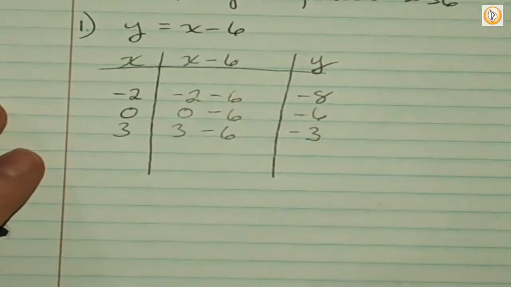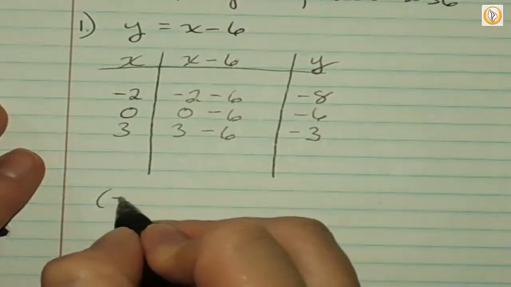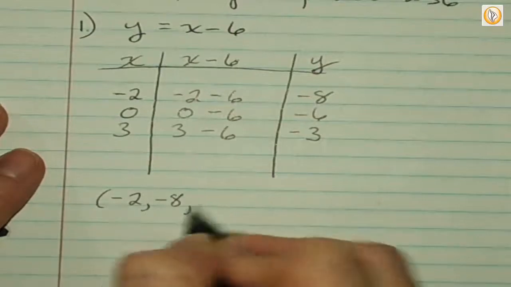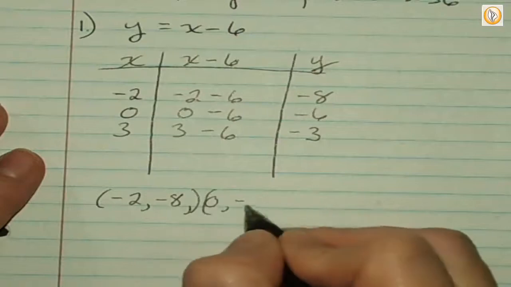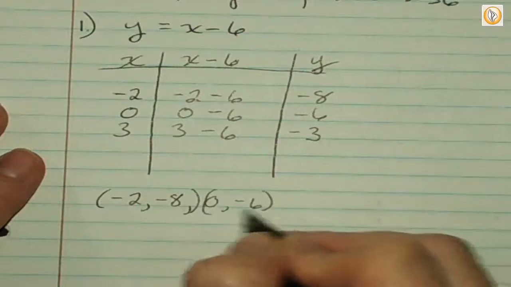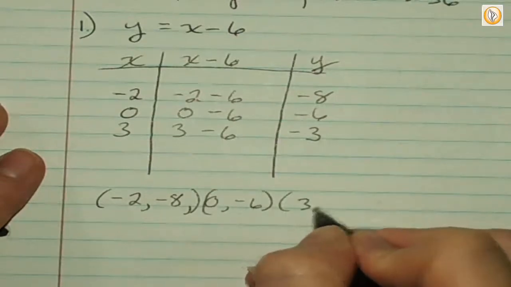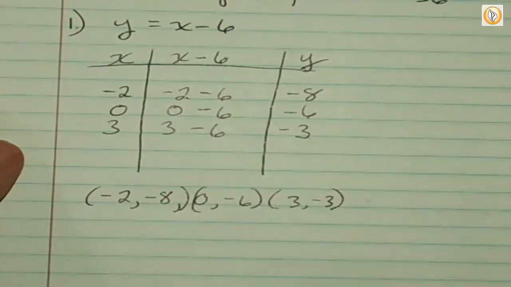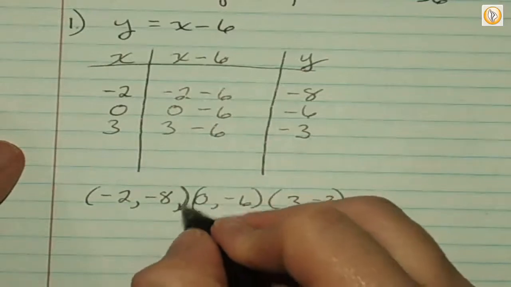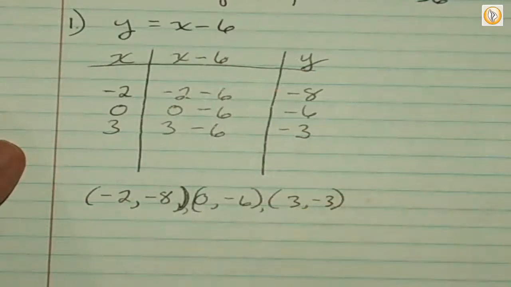There you go. So my ordered pairs are -2 and -8, 0 and -6, and 3 and -3.